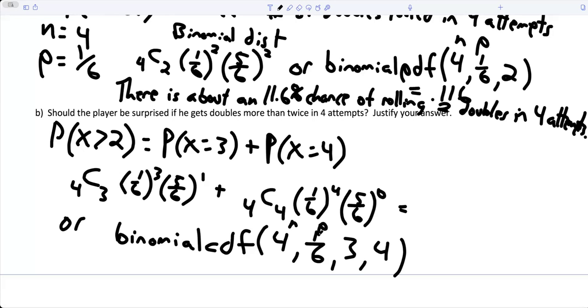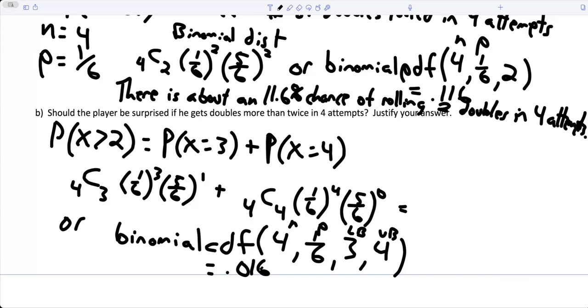Okay, so N, P, lower bound, upper bound. So put that in your calculator. And what do I get? 0.016. All right. So should I be surprised if that happens? Probably so, because this probability is very low.